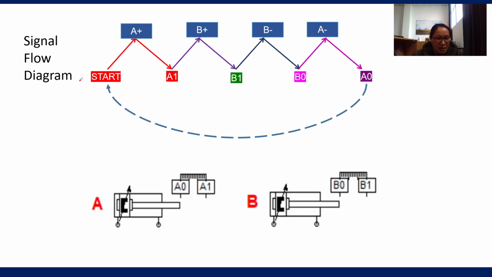Then let me introduce the signal flow diagram. From start to A1, we can see that the piston A will move from A0 to A1. It means A plus. From A1 to B1, it means that the piston B will move from B0 to B1.